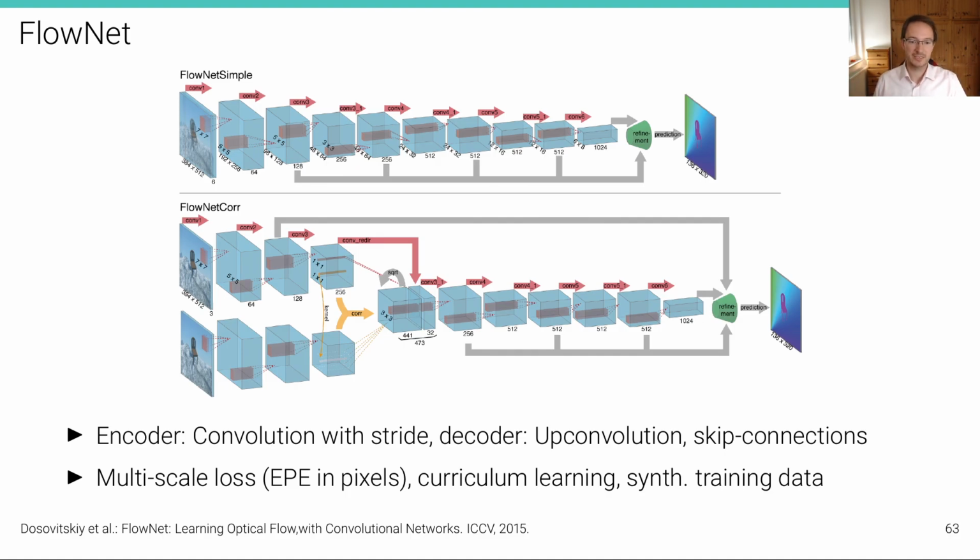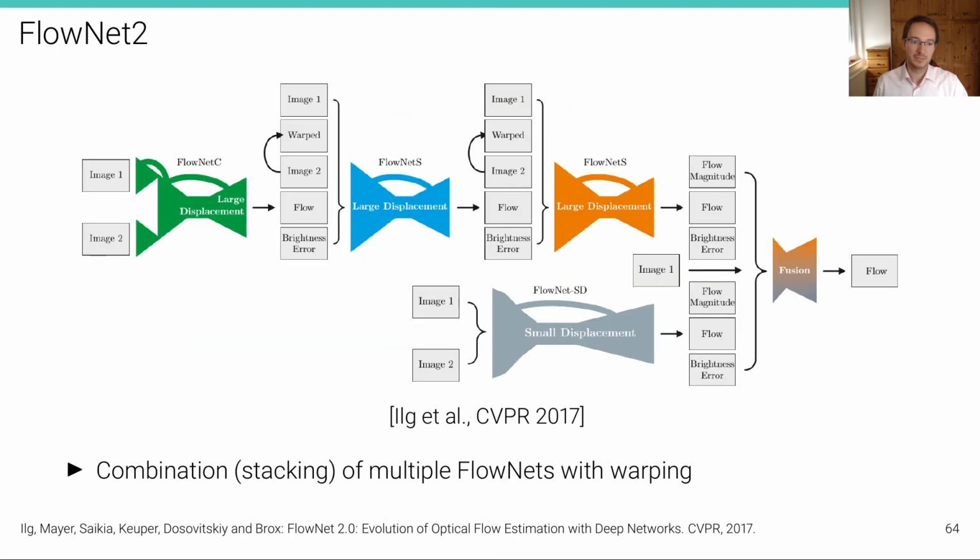And it uses a multi-scale loss, curriculum learning, and a lot of synthetic training data, because it has so many parameters that we need a lot of data, and there's not enough real-world data, so synthetic data has been used. And there's an extension of this FlowNet model called FlowNet 2. That's basically stacking multiple U-Nets together in order to handle different problems separately, like large displacements and small displacements, small flow vectors, and fuses them.